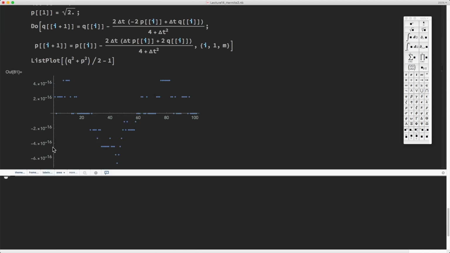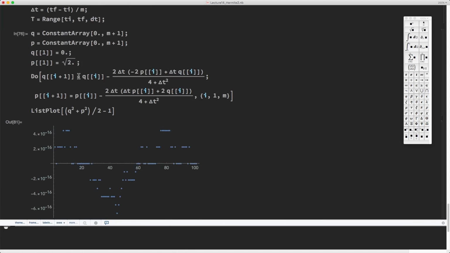But in this case, we're staying very close to machine precision, very close to 10 to the minus 16. So I highly recommend doing this if you can. And you can do that for linear systems of ODEs, as well as linear systems of PDEs, as we will see in future videos.